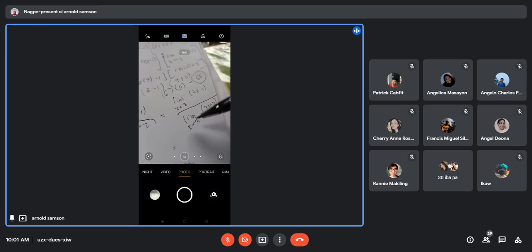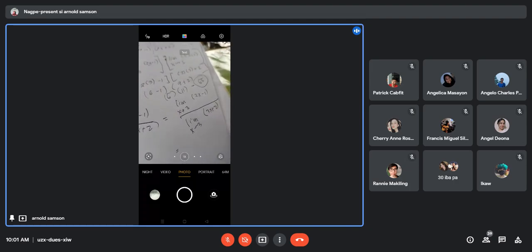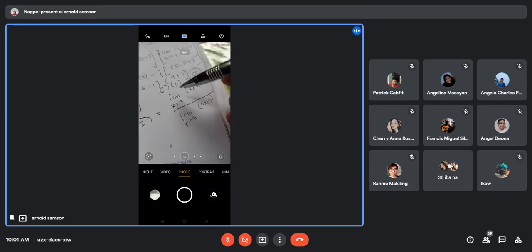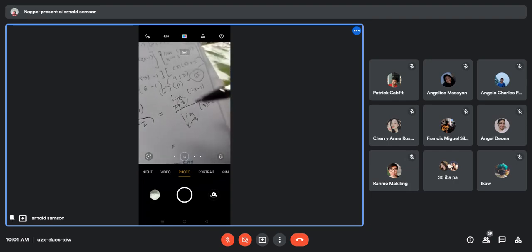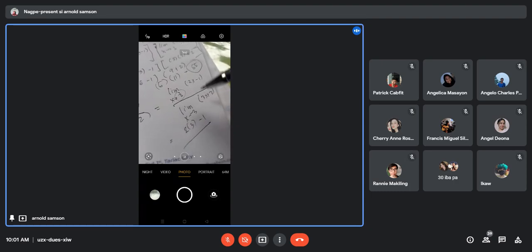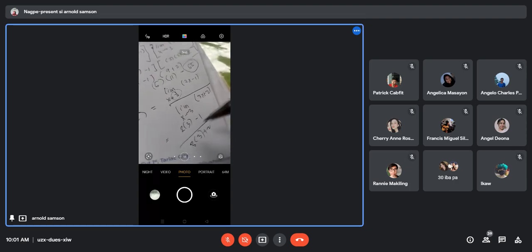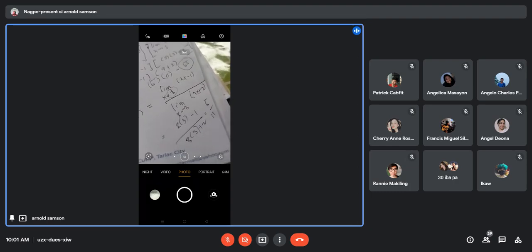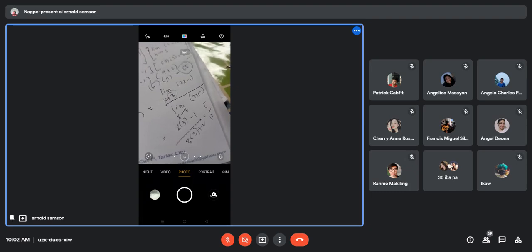Kasi when x approaches to 3, dapat 2.9, etc. Pero for the purpose of computation, ina-assume na natin na full na yung kanyang value. Kaya just simply substitute the value of x. So 2 times 3 minus 1 all over, sa baba, 3 times 3 plus 2. And that is 6 minus 1, 5 over 9 plus 2, that is 11. So 5 over 11.